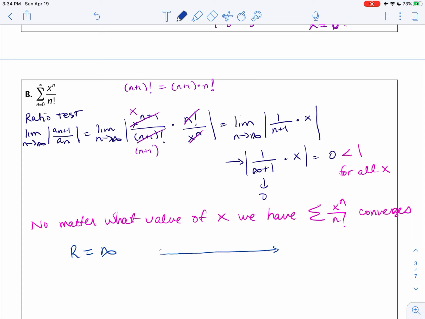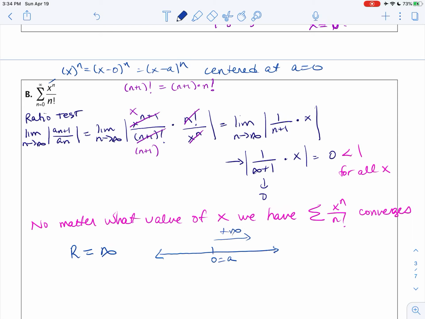And if I were remembering that my value of a, and in this case, x to the n is the same as x minus 0 to the n, which is our x minus a to the n. So this is centered at a equal to 0.